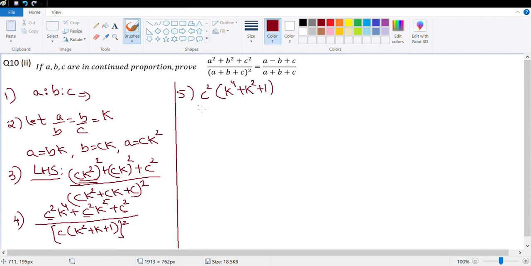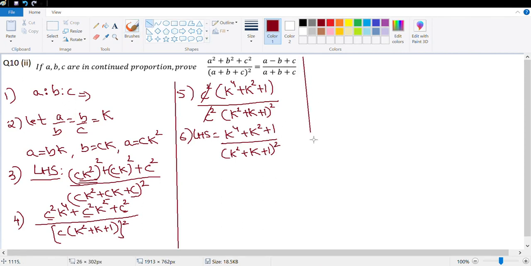And in the denominator, I get C square times (K square plus K plus 1) to the power 2. Right, that's correct. C square and C square get cancelled, which means left hand side is equal to (K to the power 4 plus K to the power 2 plus 1) upon (K to the power 2 plus K plus 1) whole square.